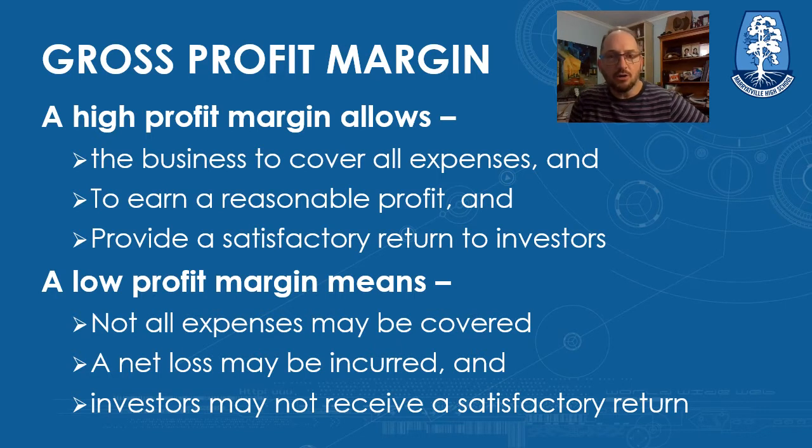A high gross profit margin allows the business to cover all their expenses and to earn a reasonable profit. It's fair in business to be able to earn a reasonable profit. If you're not earning a reasonable profit, you really need to do something about it. You need to adjust something, change something, find out what's going wrong, what can be improved, what can be cut back so that you can earn a decent profit.